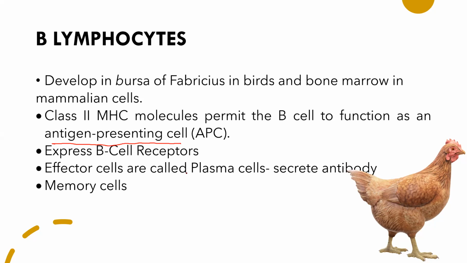If it just stays inside the B cell, it is not enough for the other immune cells to see that antigen. You have taken up the antigen, but now it has to be projected to the other immune cells. That they do with the help of the MHC molecule, that is, major histocompatibility complex.